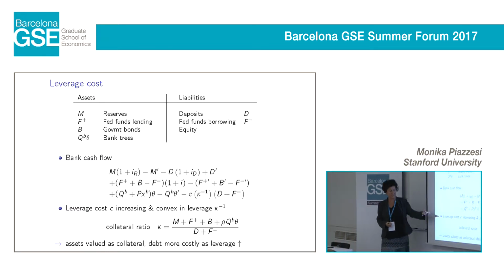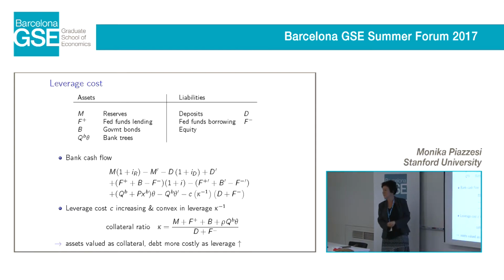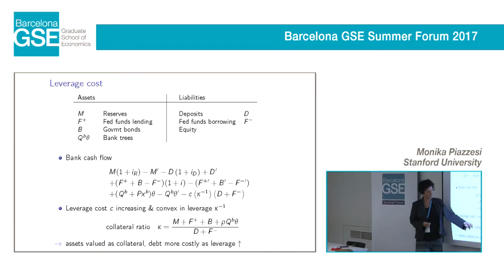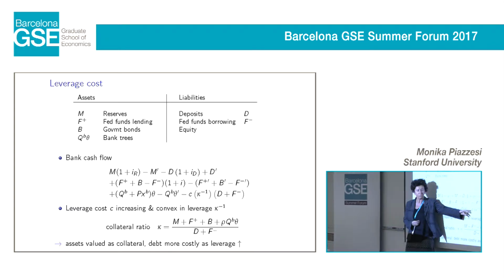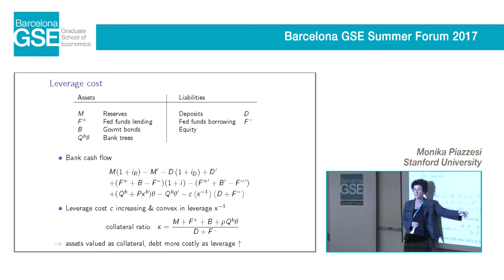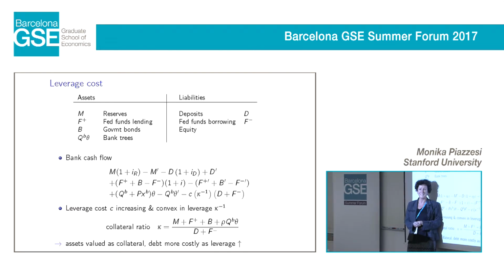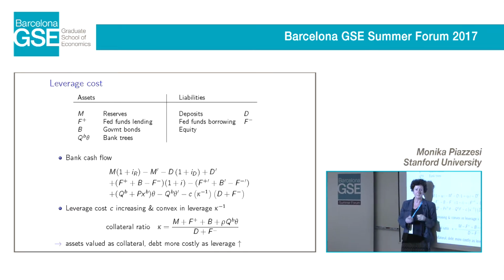The inverse of that is leverage. So the function C introduces leverage costs that are increasing and convex, so the more banks leverage up, the costlier it is. And these are resource costs. Imagine these are costs that banks incur to convince the outside investors that they're going to pay back this debt.